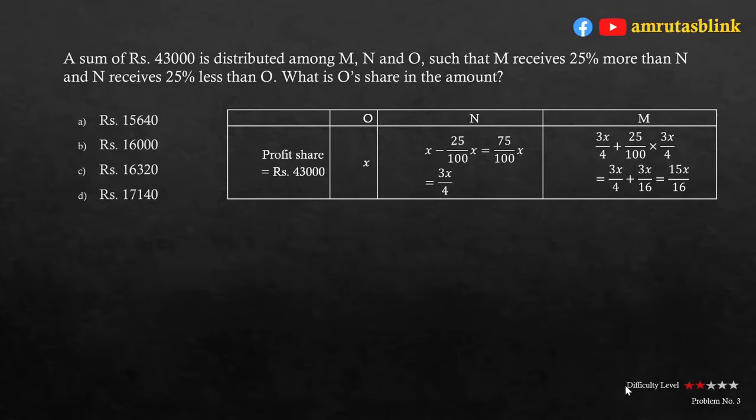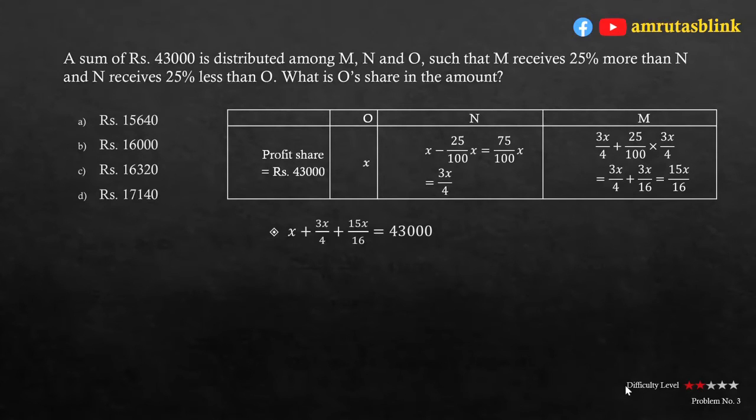So, 3x upon 4 plus 25 by 100 into 3x upon 4. Hence, 3x upon 4 plus 3x upon 16, that is equal to 15x upon 16. So, now O is going to receive amount X, N is going to receive 3x upon 4 and M is going to receive 15x upon 16.